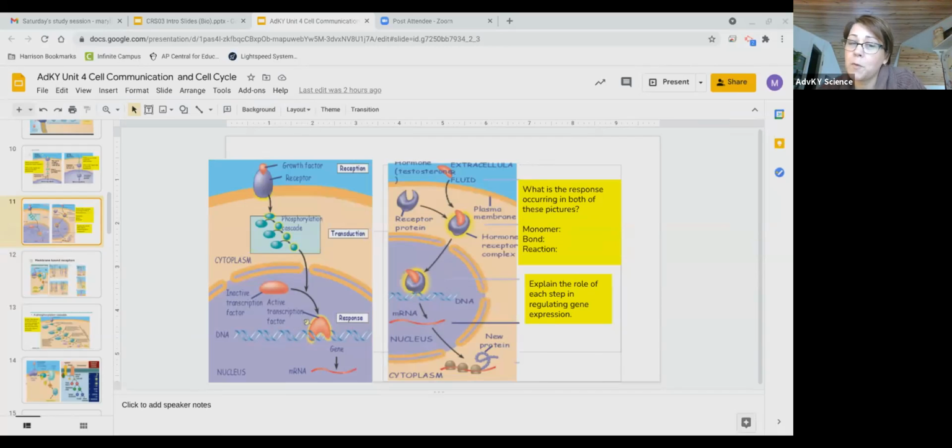All right, so that was 3 points. Reception, we have the ligand or the signal docking to the receptor. Transduction is going to help us take that message of the signal to having a specific response. And then the response in this picture is transcribing the gene so that we can make a protein. All right, so very good on that.